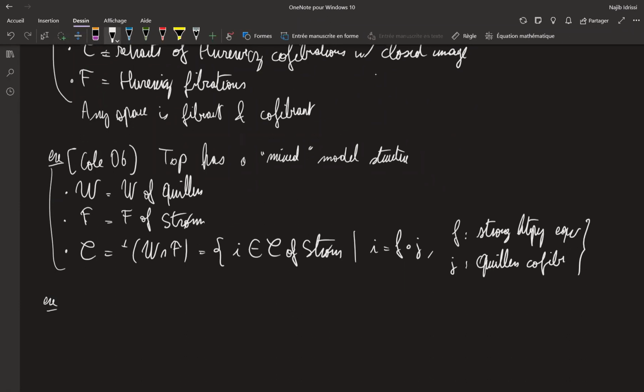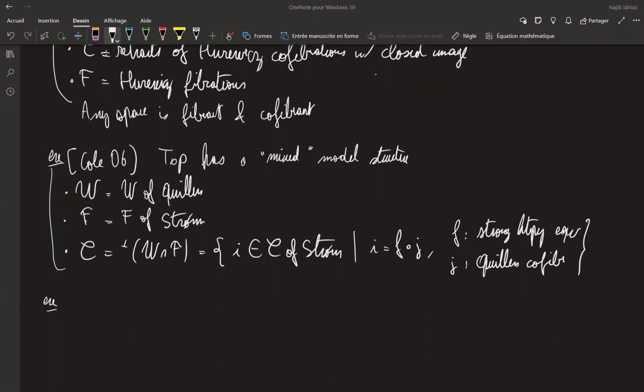All right, so as you can see, one category can have many different model structures, right? And the choice of model structure really depends on what you want to do with it. There is not one which is better than the others. It's really dependent on what your applications are.